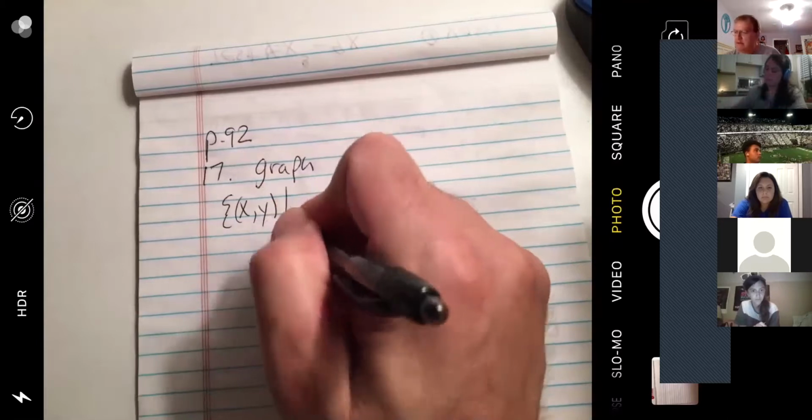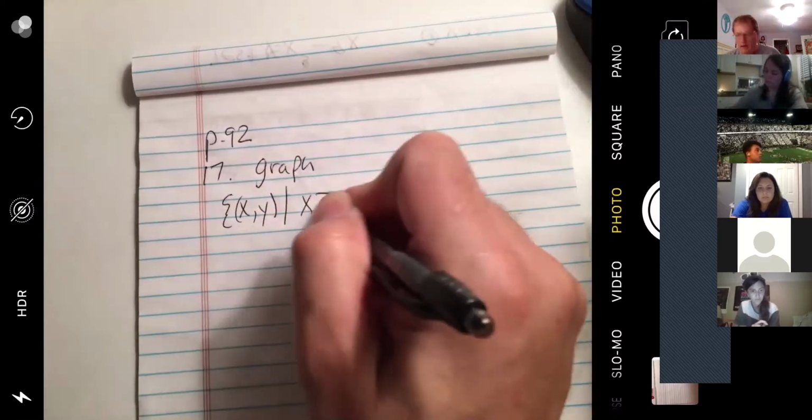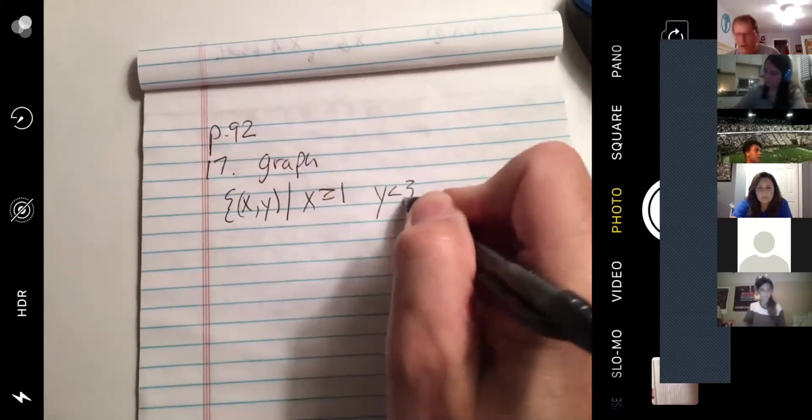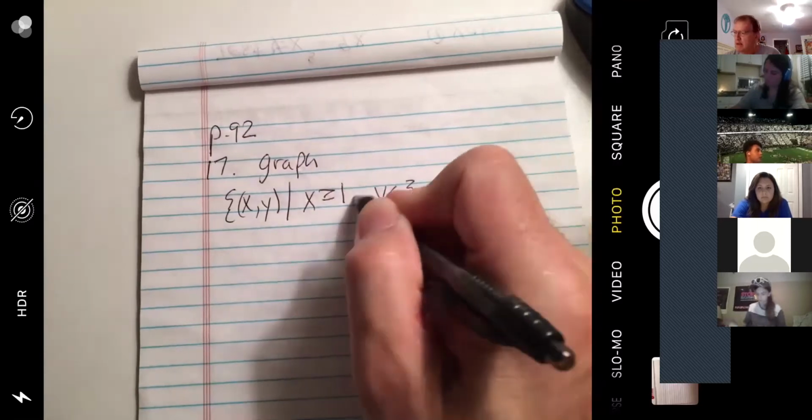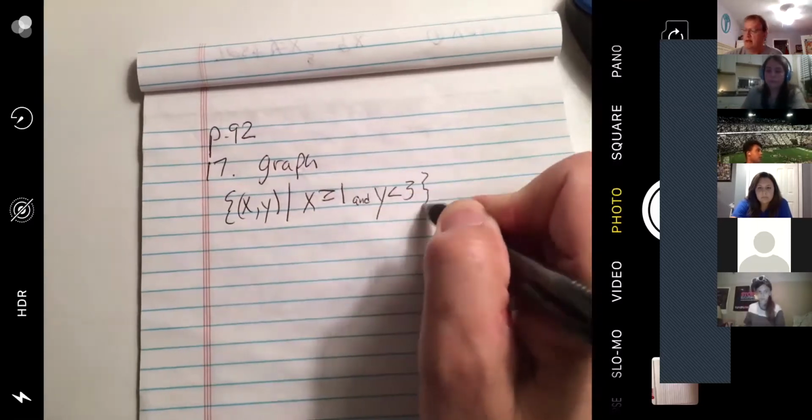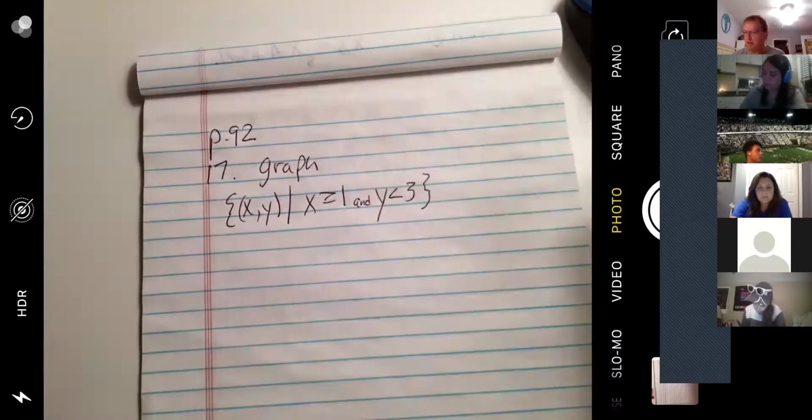Give you a line, x greater than or equal to 1, and y less than 3. Now, personally, I consider that an extremely simple problem, but it does have a lot of gibberish in it. And I have met people that go, whoa, whoa.